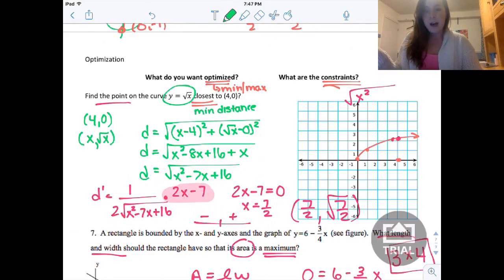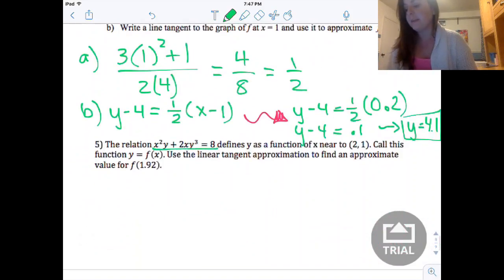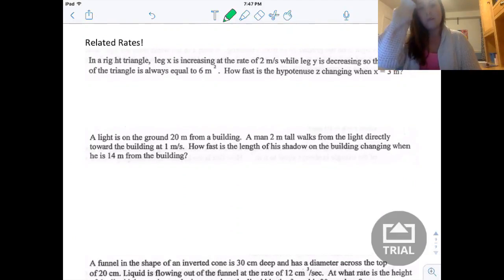I'm not looking at rates that are related to each other. I'm not given any rates. So related rates, you need to be given some rates. The reason that we do the d whatever dt in related rates is because all of these things depend on time. So if they don't depend on time, then we don't need to do a related rate for it. So that's one thing.